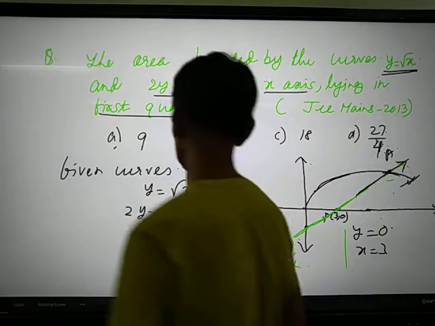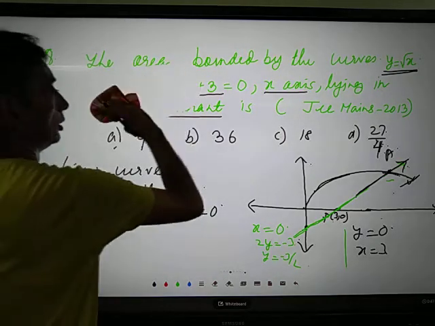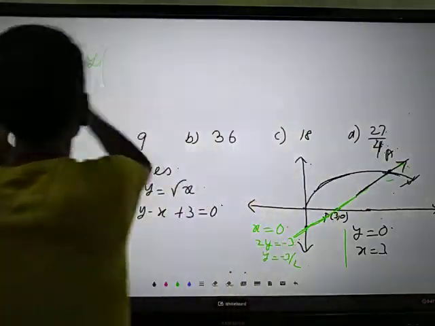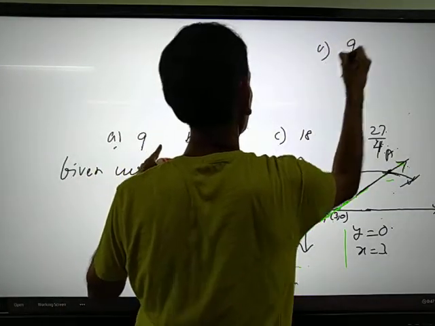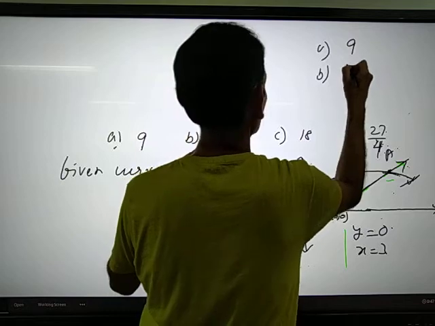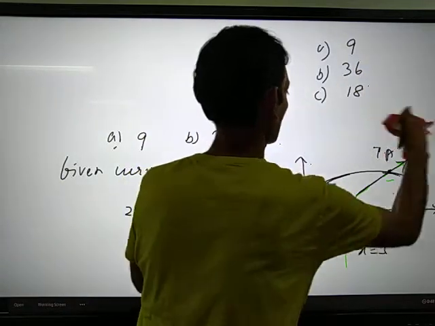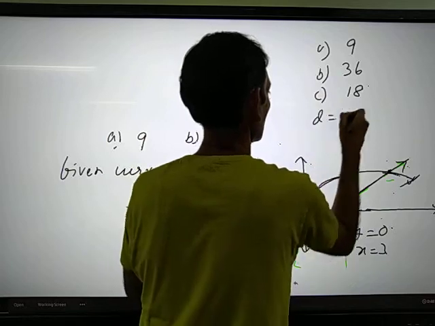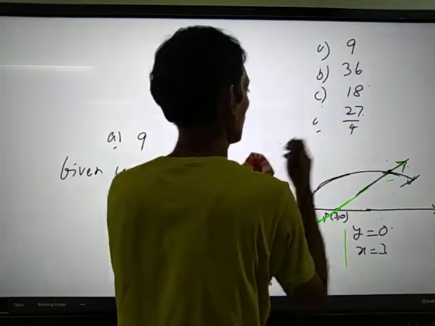We'll solve these equations now. If we solve these equations, I'll just write the options: A is 9, B is 36, C is 18, and D is 27 by 4.